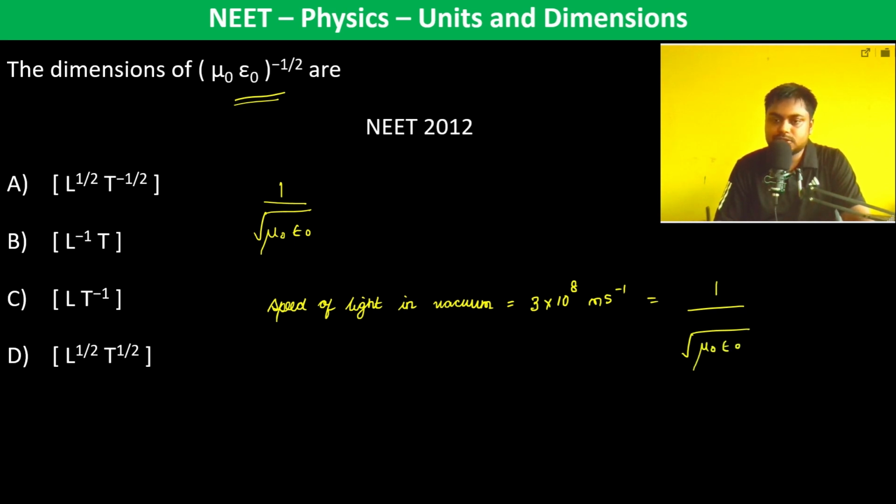So therefore this is meter per second. So therefore L T minus 1. C option is the correct one.